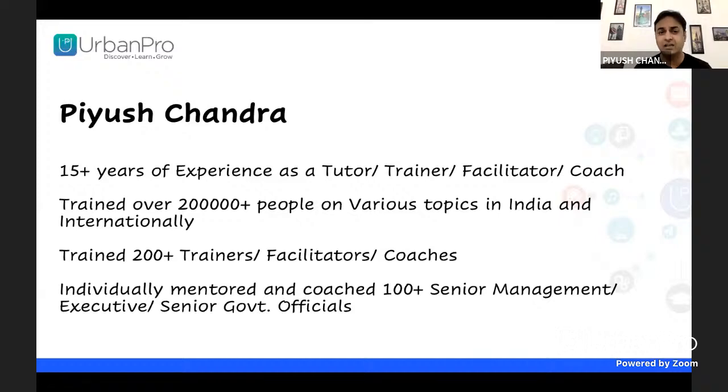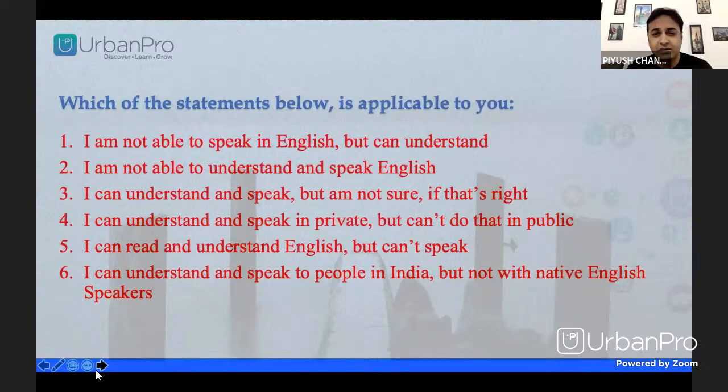I'll start with a very quick question to all of you. You can type your response in the chat box. There are 6 categories given there. Just check for yourself, see which category you fall in, and type your responses in the chat box. You have about 10 seconds to respond.